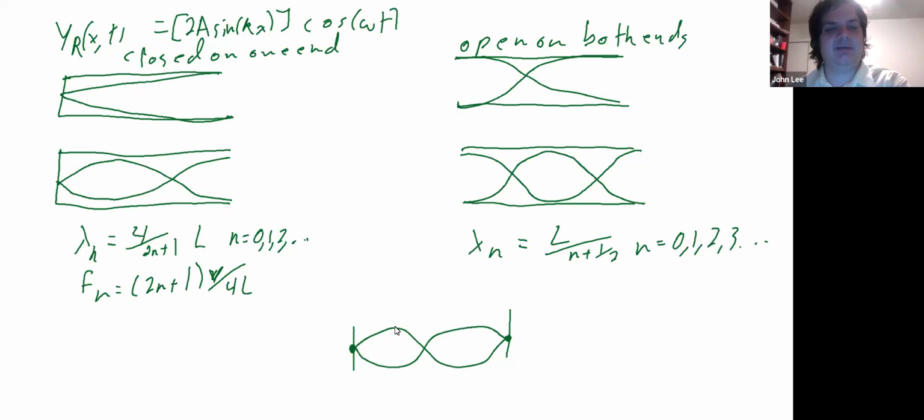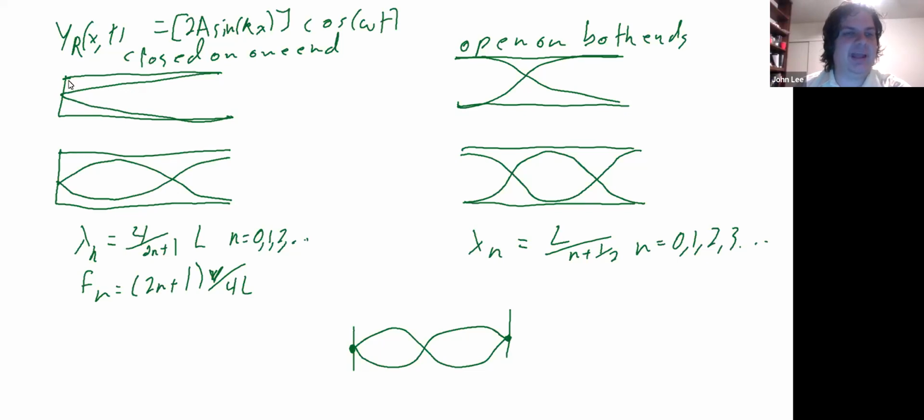So it had to be some half wavelength. It had to be some length that was half the wavelength of whatever you were looking at. So those were the wavelengths which were allowed to exist.